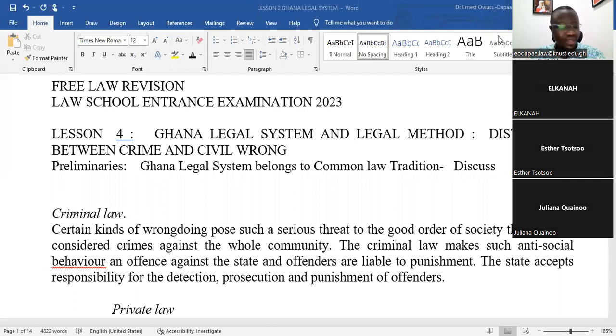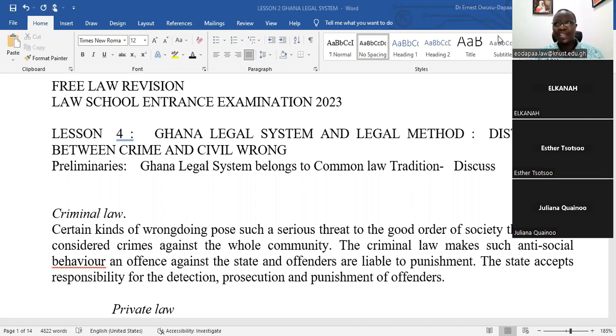So we have to remember that we have what we call a legal system as opposed to legal tradition. So we need to understand what the legal system is and then understand what the legal tradition is. And then having done that, we need to state that there are a couple of legal traditions out there, but then as the question has indicated, that Ghana belongs to the common law tradition.